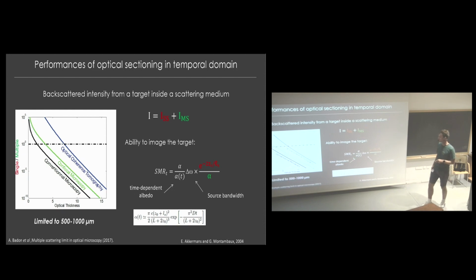This is now the time-dependent reflectivity of your medium, which is basically governed by diffusion. But the idea is that if you use a broader source, you will have a significant gain on this curve, and you will be able to image deeper. Typically, optical coherence tomography, or OCT, can image up to 500 microns or up to 1 millimeter into biological tissue.